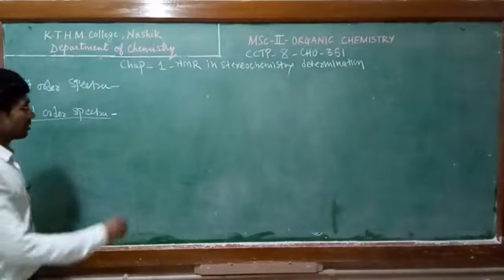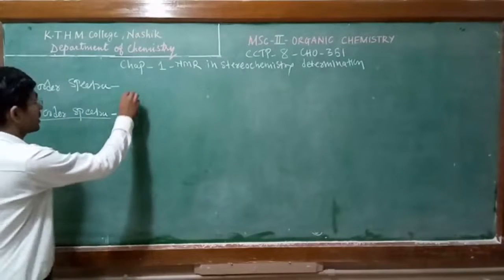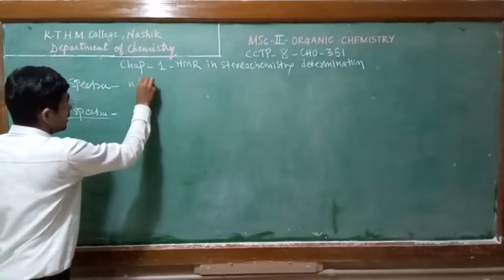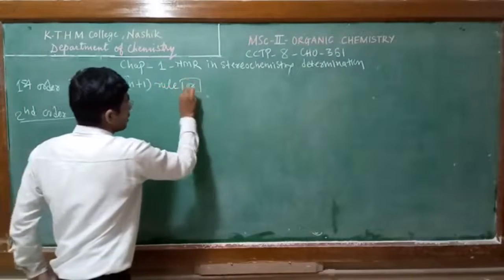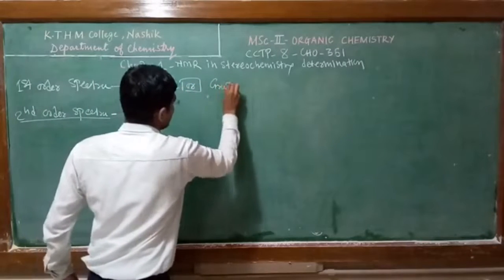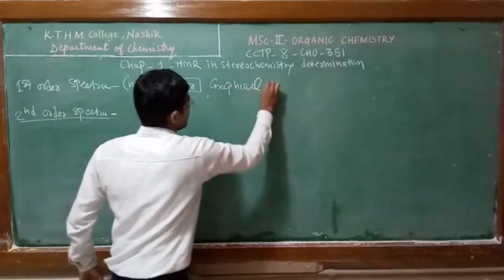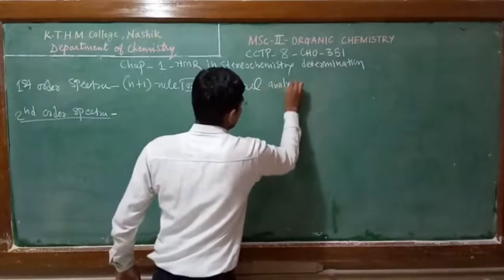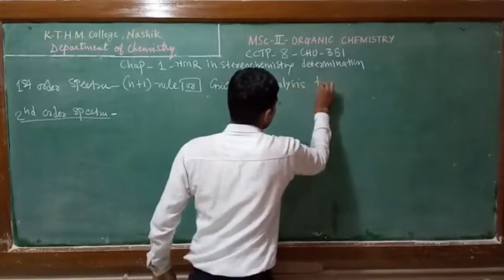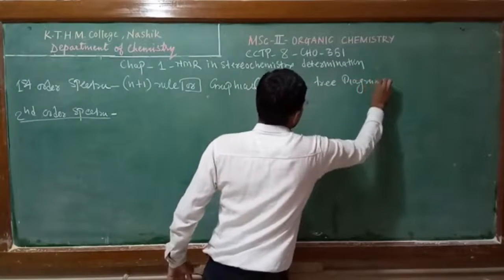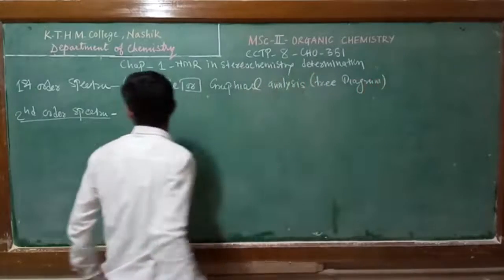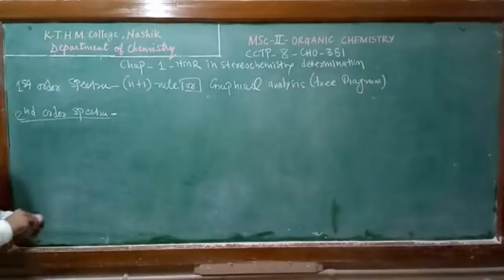spectra. Means the spectra which can be interpreted by the n+1 rule or graphical analysis, which is also known as a tree diagram, is called the first order spectra.